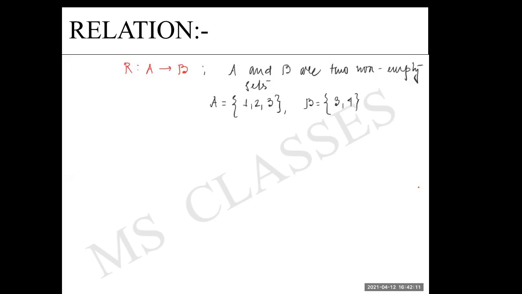Now, when we find A cross B, here our intention is to find A cross B. Why? Relation from A to B is nothing but a subset of A cross B.